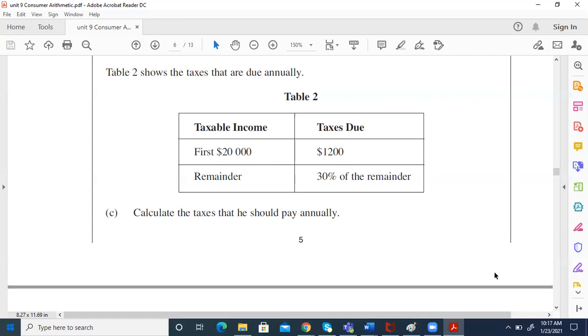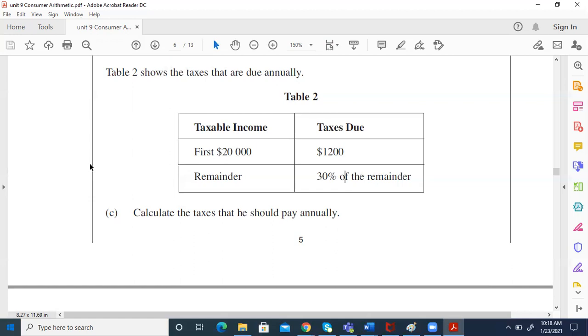First, I'll subtract the 20,000 from the 26,900, leaving me with 6,900. And then I'll find 30% of that 6,900, which would be equal to $2,070.